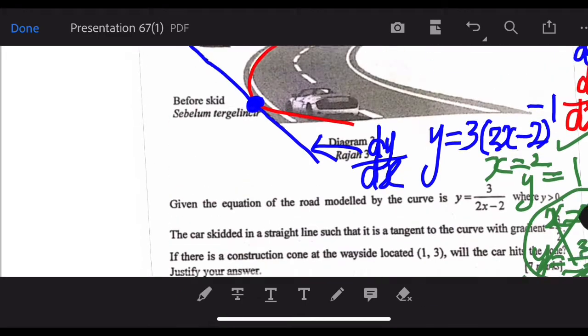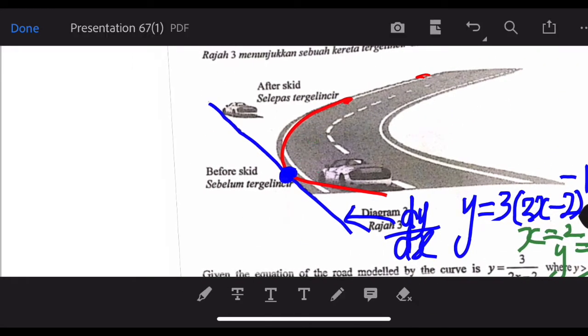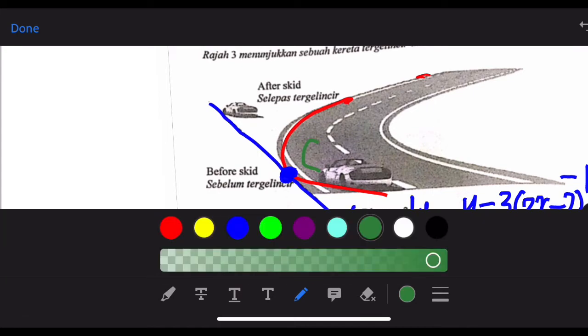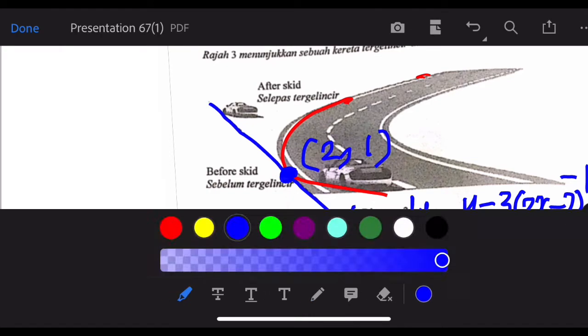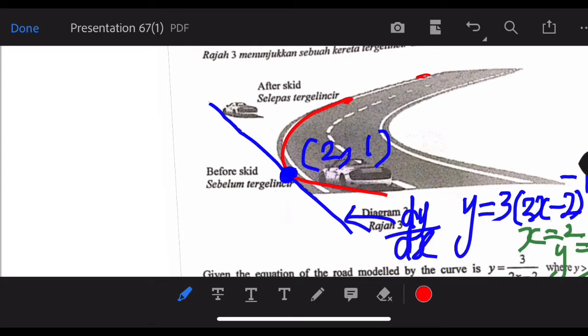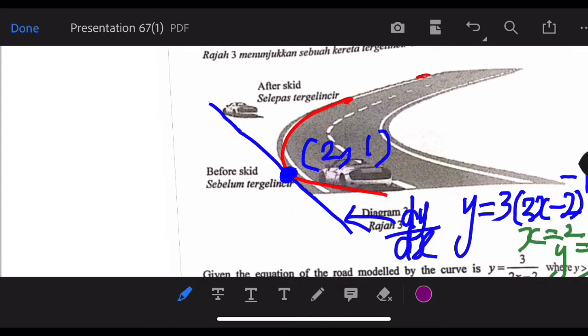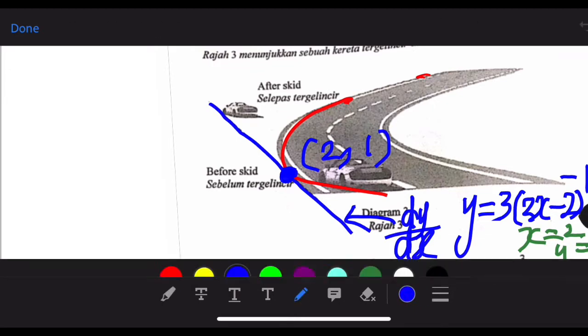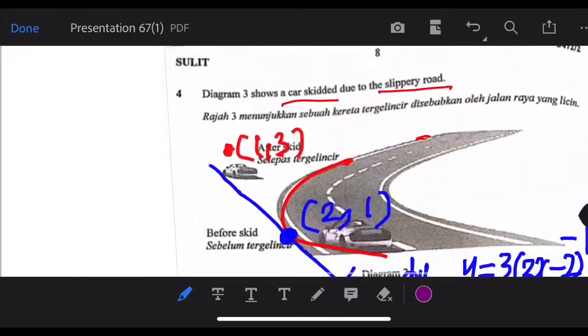Justify your answer. So actually just now we have the point, and this point is at (2, 1). So we have 1 point, and we are asking to determine whether the car will hit the cone. So we are not sure of the position, but we have the coordinate is (1, 3), but we are not sure whether this point (1, 3) lies on the line or not.